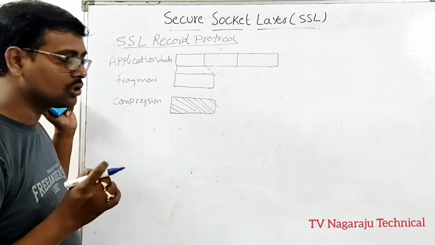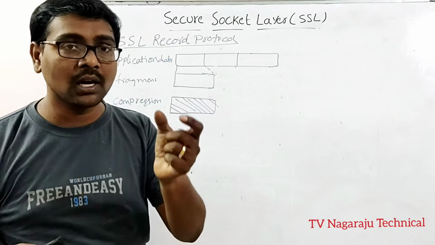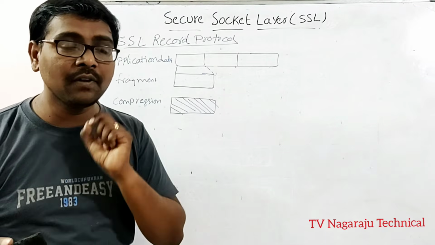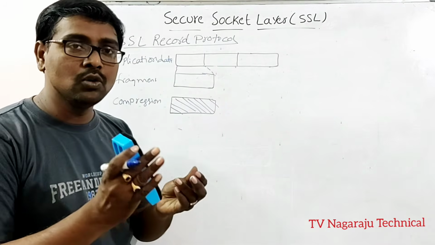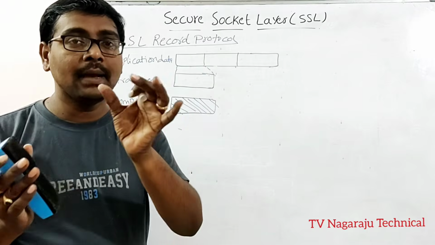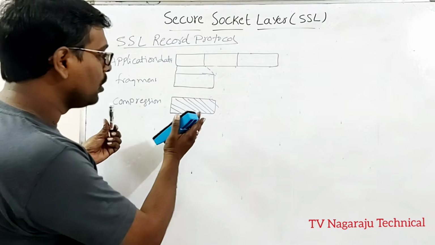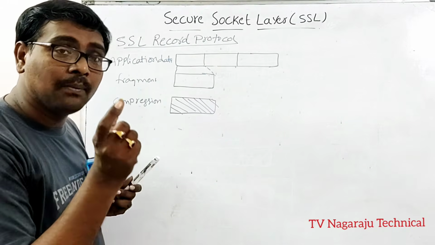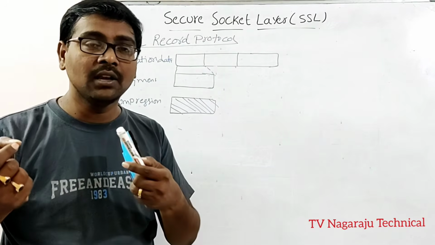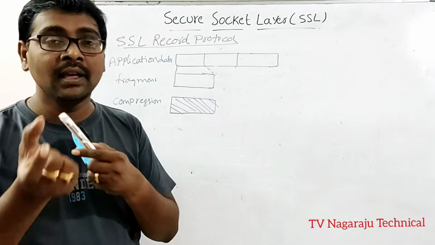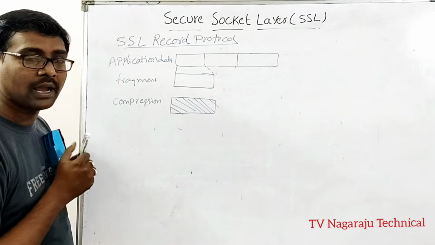Now what is the next step? Apply any secure hash algorithm, SHA or MD5, on this compressed fragment, which is used to generate the message authentication code. Once the message authentication code is generated, that code is appended to the compressed fragment.